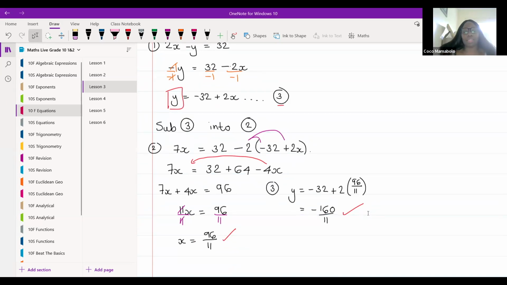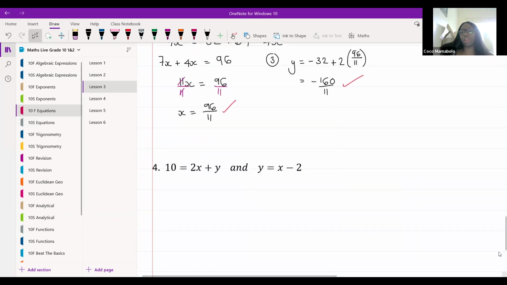If you click the SD button, the chances of your calculator giving you all the decimals are quite slim, because your calculator screen is only so big and it's going to cut off the decimals. Whereas a fraction is exact all the time. So rather leave it as a fraction.